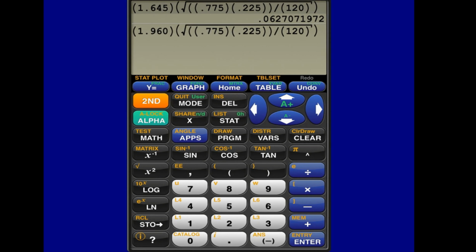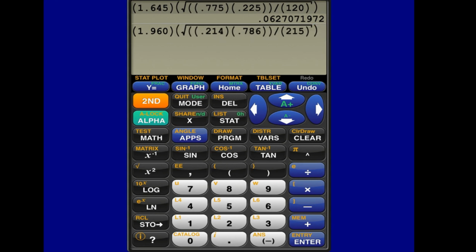1.960. P was 0.214, 0.786. Ooh. See the mistake here? Two decimals, bad. Okay, I know what happened. I'm missing a parentheses right here. So I'm going to press second delete, and it created that space. I'm putting a parentheses right there. And then divided by 215.